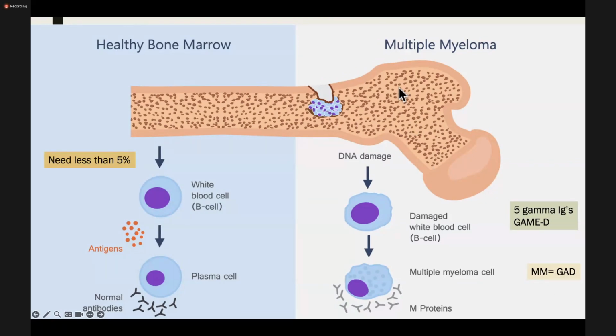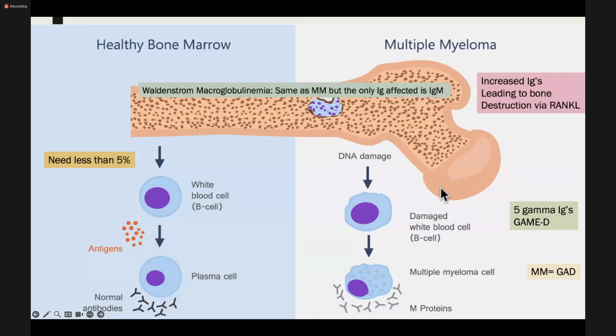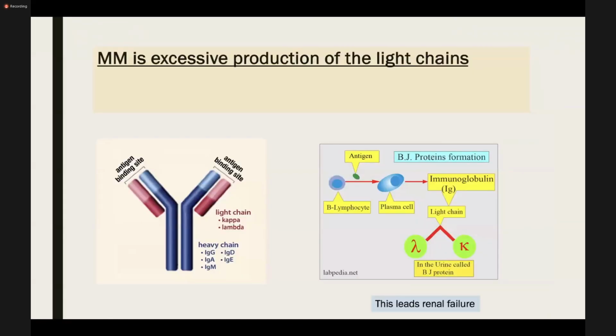And one of the things that you see with multiple myeloma is increased production of osteoclasts. So there's going to be destruction of bone, because the body wants to produce more calcium. That's why in patients with multiple myeloma, you see increased calcium. Another thing you see is excessive production of light chains in your immunoglobulin.